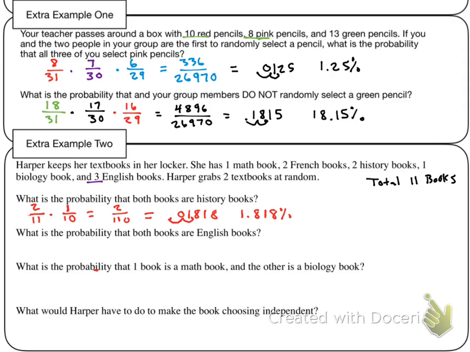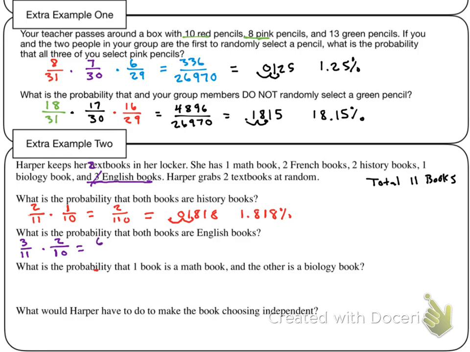Okay, going back to the English books. So the English books, she had 3. So that's 3 out of 11 that are English. So first pick, she picked out an English book. Now second pick, remember she already picked one. So there's only 2 English books left. So that's 2 out of 10, right? Because there's only 10 books left. There's 2 English books left in the locker and total of 10 books.